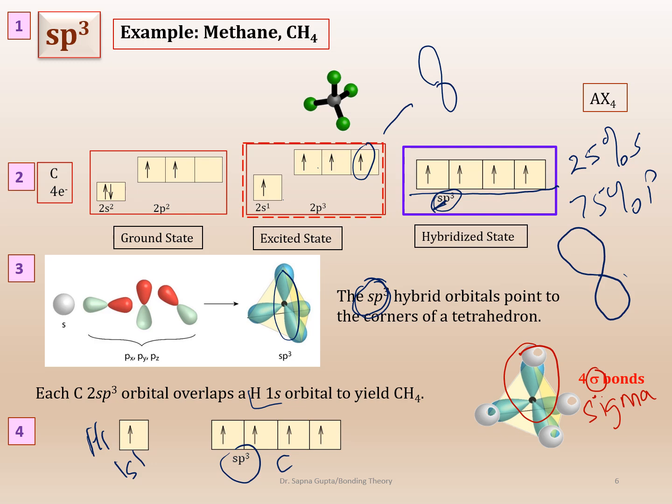Methane has single bonds, so a single bond is going to be a sigma bond. The other thing is that the AX formula is still AX4. That has not changed, which means carbon was tetrahedral before and carbon still is tetrahedral. So we've not changed anything about the properties of methane. The only thing we have changed is our understanding of the bonds.